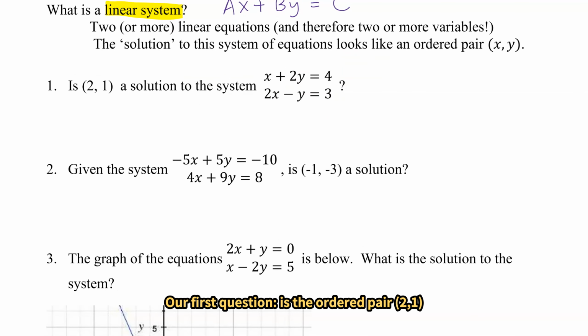Our first question: is the ordered pair (2, 1) a solution to the system? Since we are given an ordered pair and we want to know if it's a solution, we plug it in and see if it makes both of the equations true.